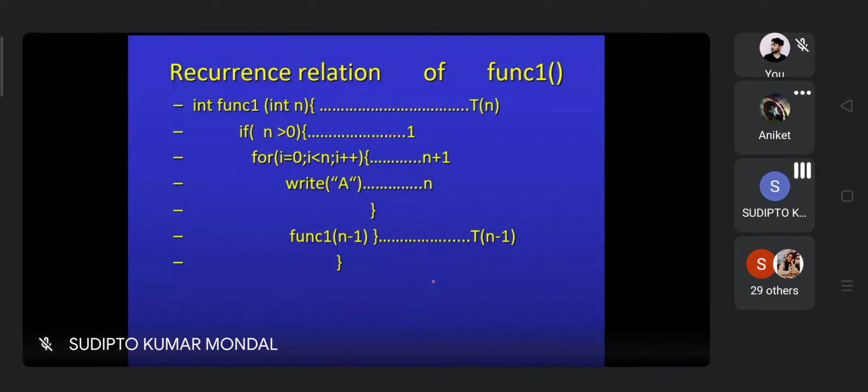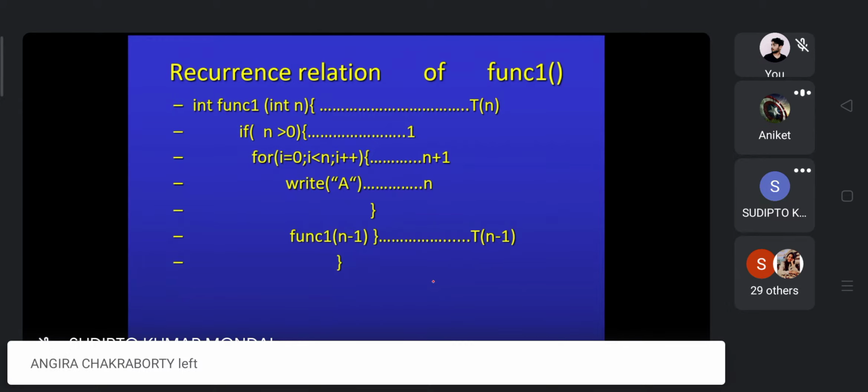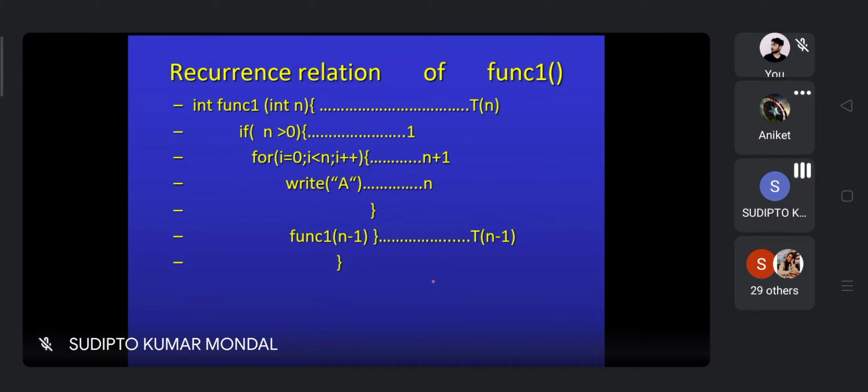So finally this for loop condition will execute n plus 1 times. The plus 1 indicates that the body will execute n times, that is, it will print a n times. And the last time the condition will not be fulfilled, that is, i will become n. That time it will come out of the loop.